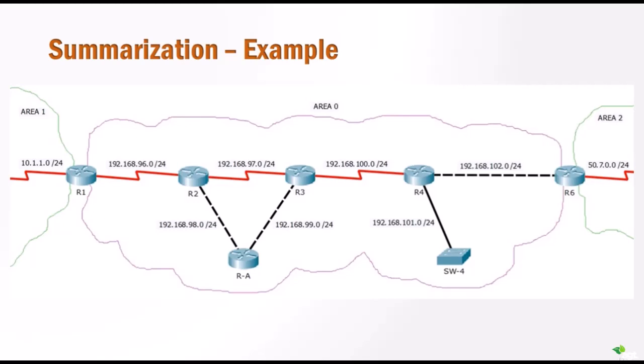If router 6 is configured with this summary IP, it's going to think that all of those subnets from 96 to 103 are to its left, or that they are connected to this interface right here. And if that's not the case, if this 103 subnet is somewhere to the right, then you're going to have a routing problem.